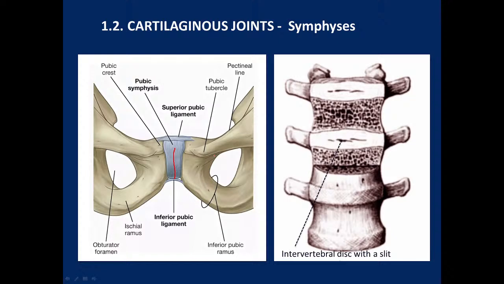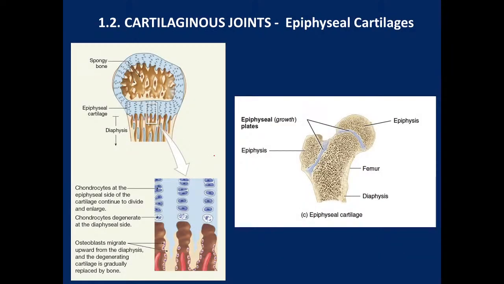Next and last group of cartilaginous joints we call epiphyseal cartilages. What does it mean? That is the layer of cartilaginous tissue that we could find in children's bones.